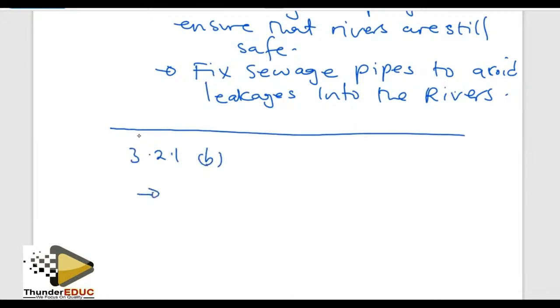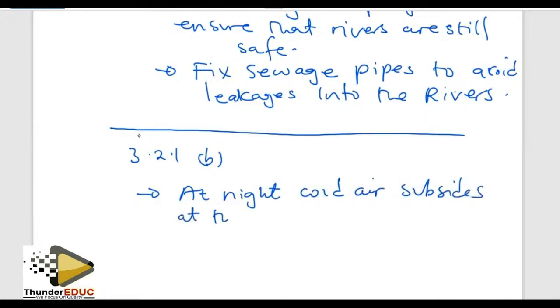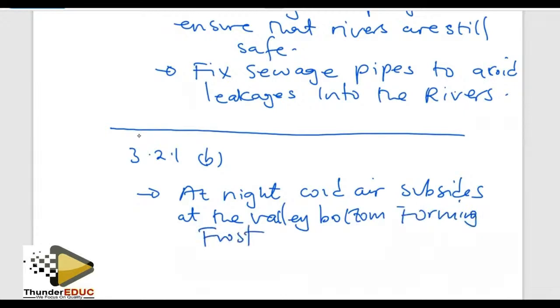You could say at night, when air subsides at the valley bottom, forming frost.